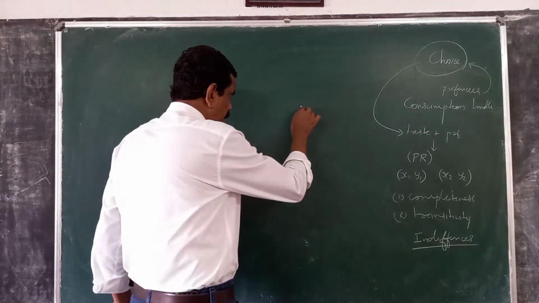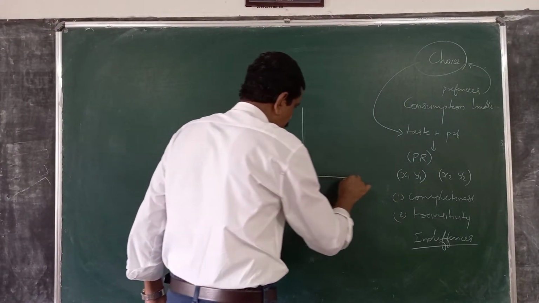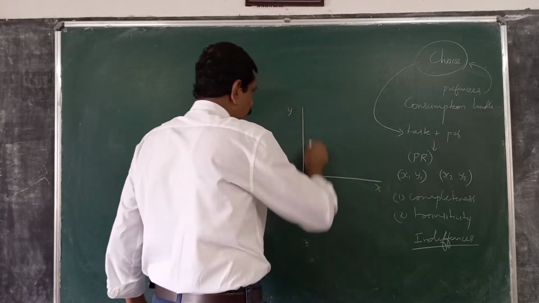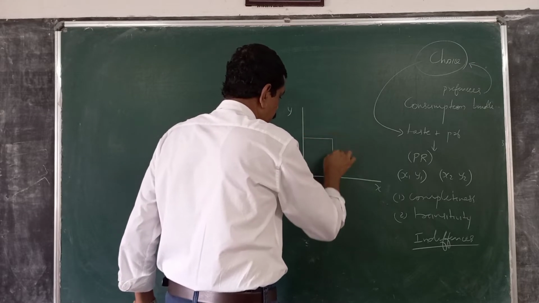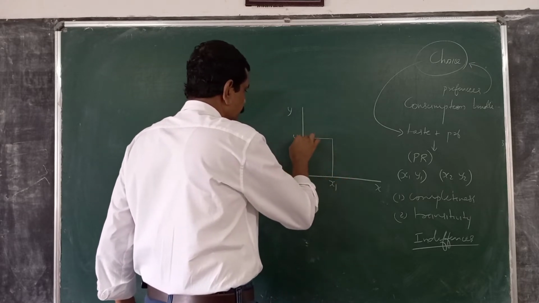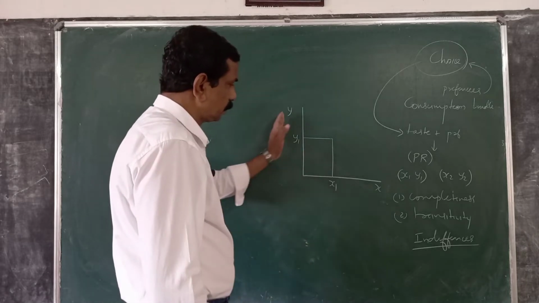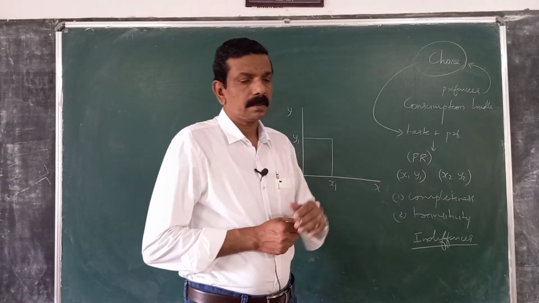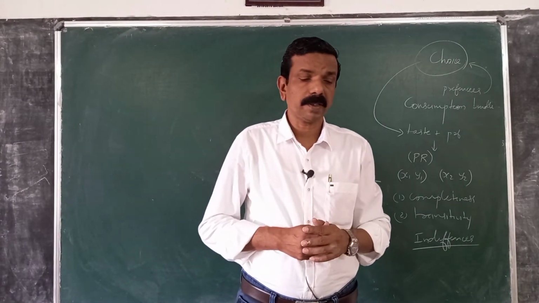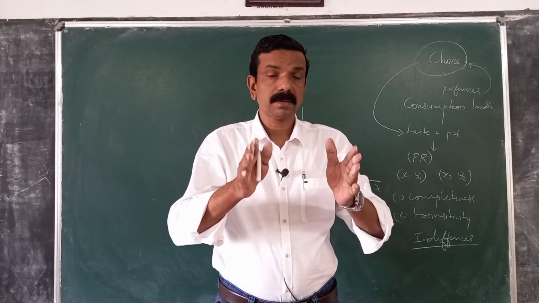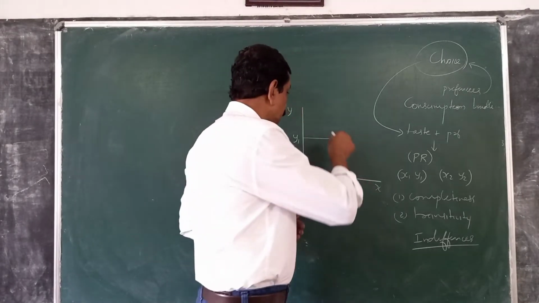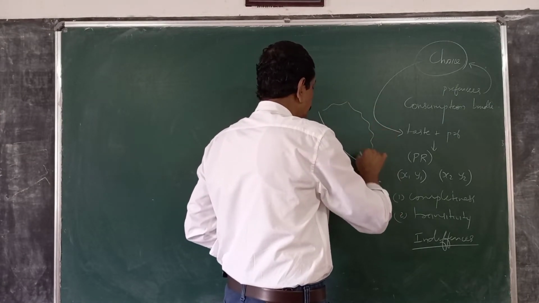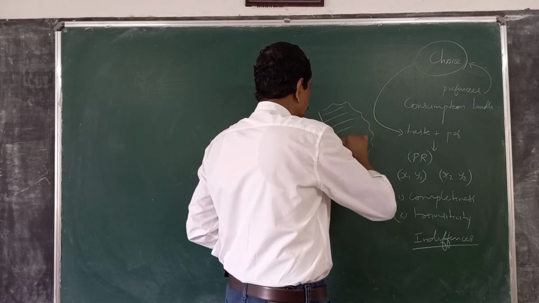To explain what an indifference curve is, suppose the two commodities in the bundle are x and y, and you select a certain bundle x1, y1, and select all the bundles which are weakly preferred to x1, y1.